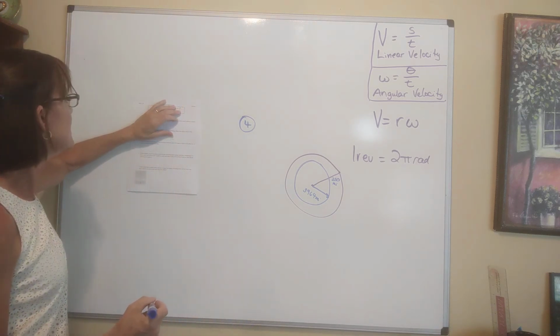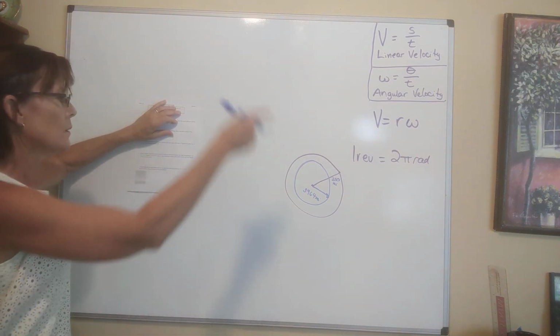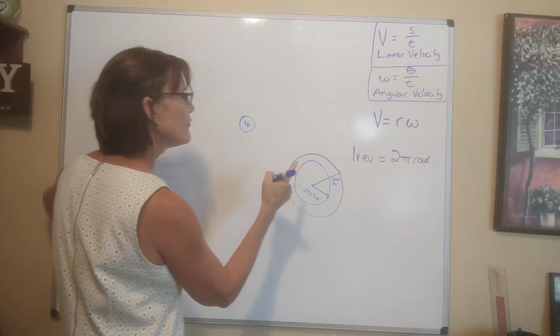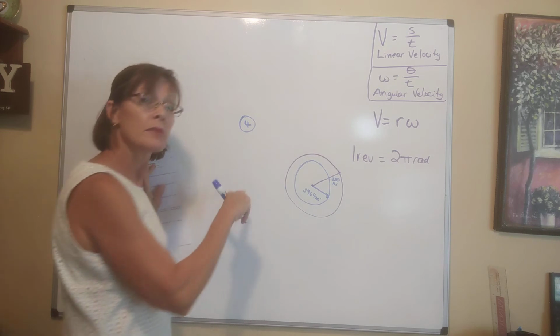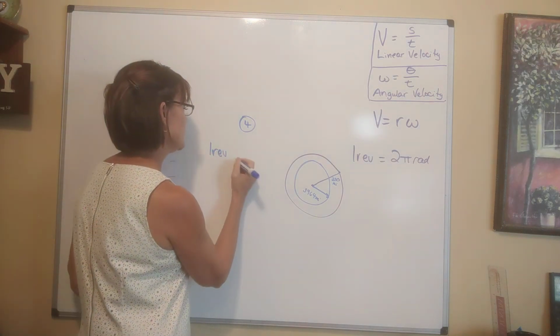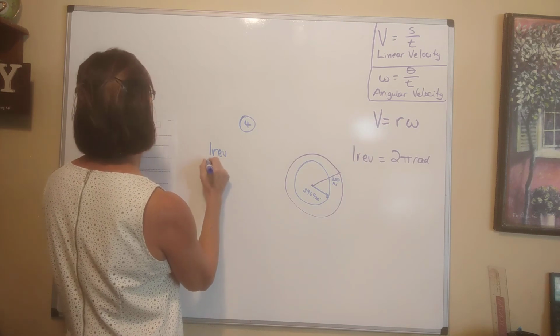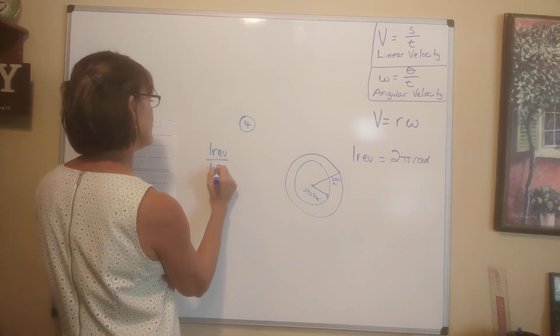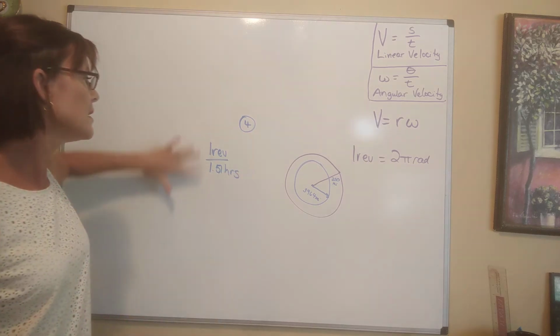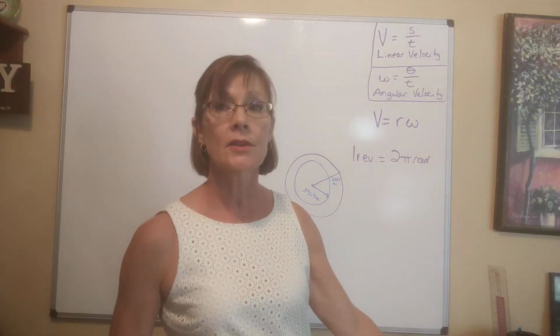And then it says one orbit, one time around, one revolution, is completed in 1.51 hours. This is another way of talking about angular velocity.